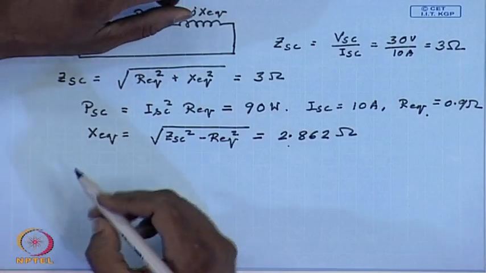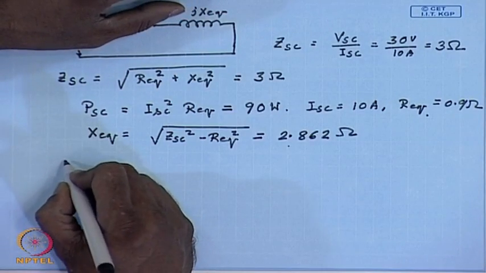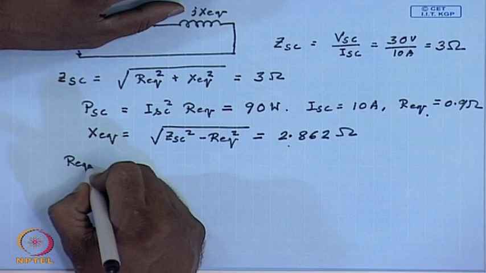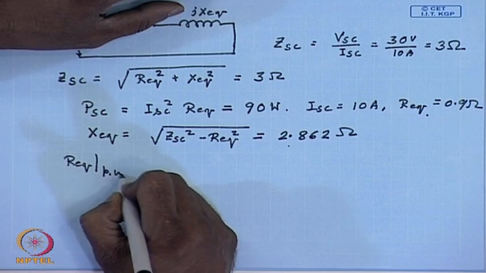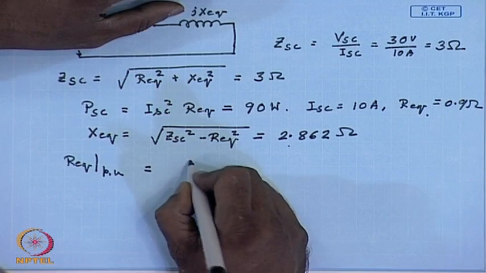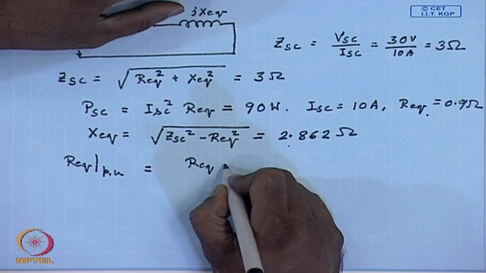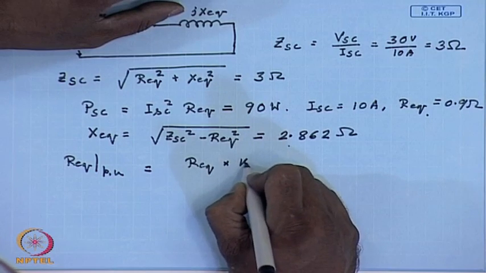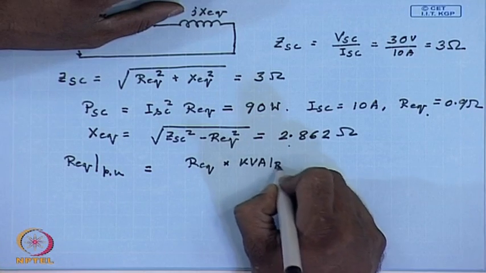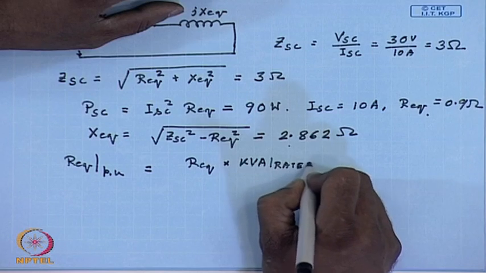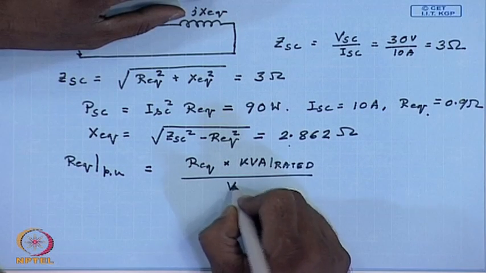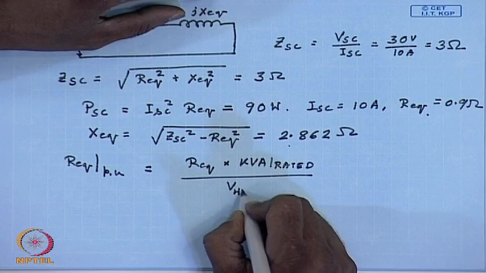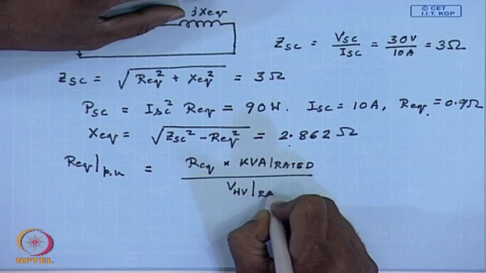Again, these can also be converted to per unit. So, Req per unit will be equal to Req into rated kVA of the transformer divided by now HV side rated voltage square.